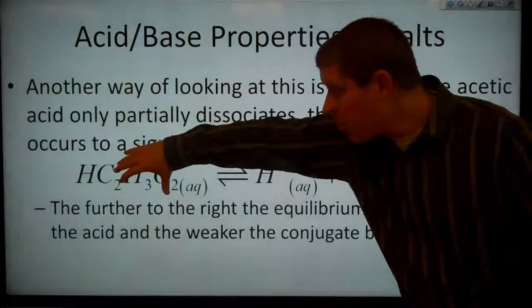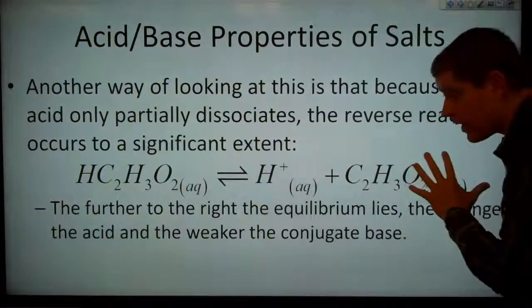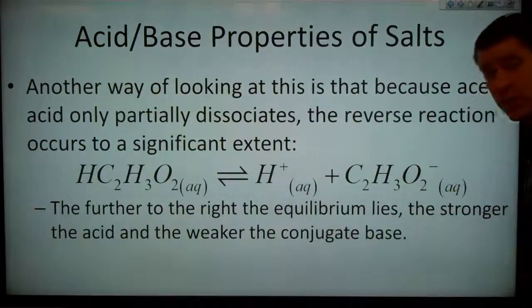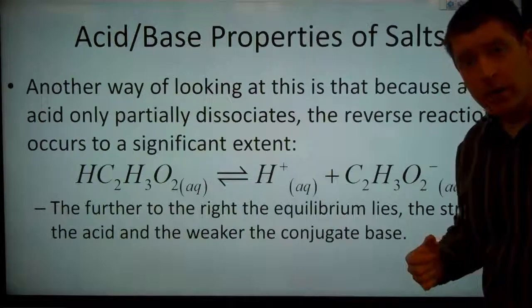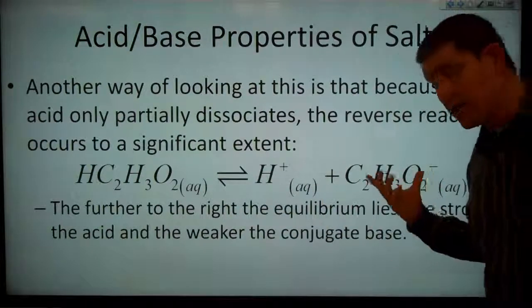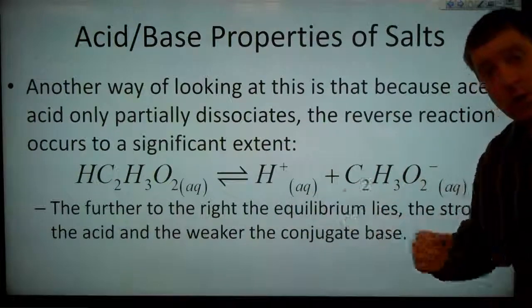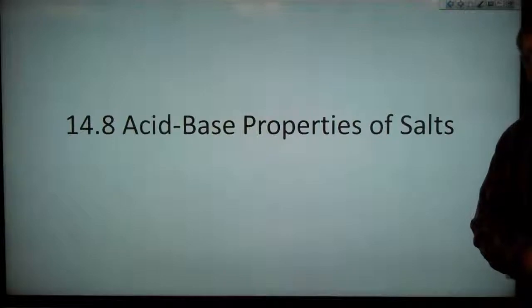Because if more of our acetic acid is dissociating and less of it is getting reassociated, then less of our acetate is reacting with a hydrogen ion, and that means that acetate is a weaker base. The less that happens, the weaker the base. So, this was the acid-base properties of salts.